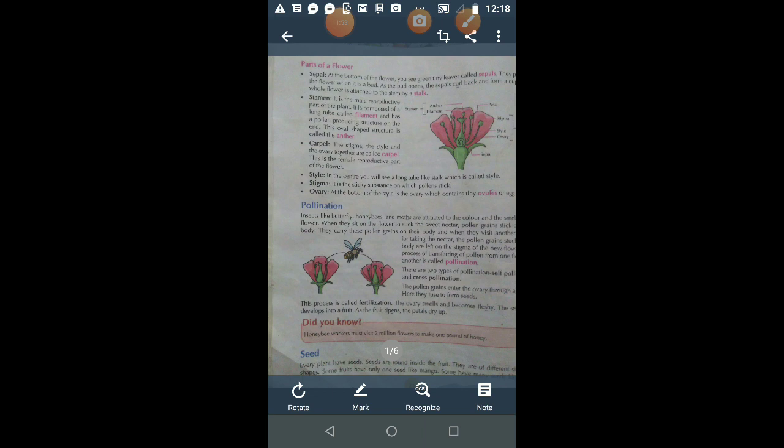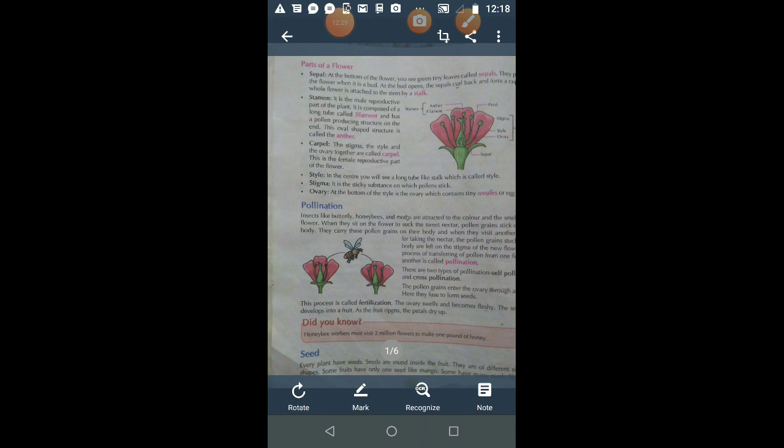Is it clear? Some fruits contain one seed, some contain 4 or 5, or many seeds, but that is another thing. After fertilization, sometimes the ovary turns into the fruit to keep the seed.